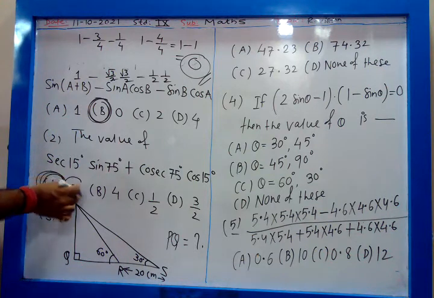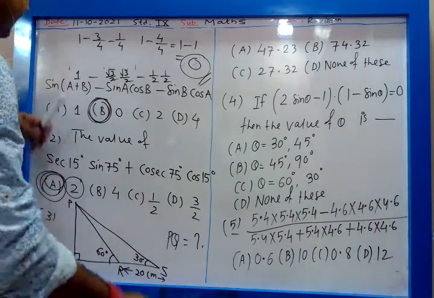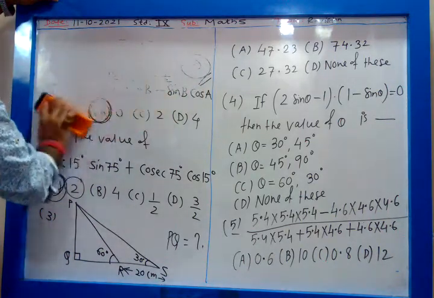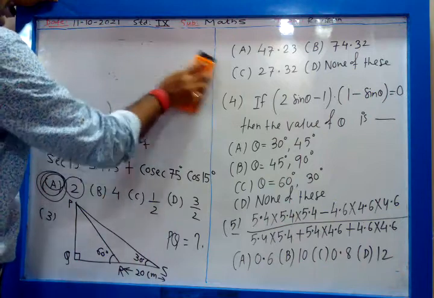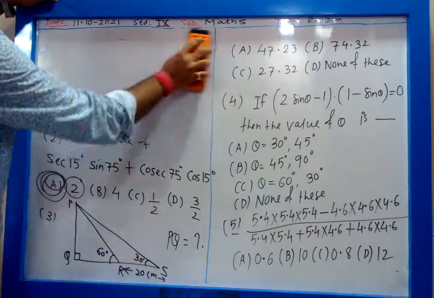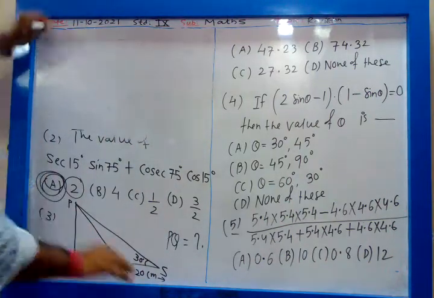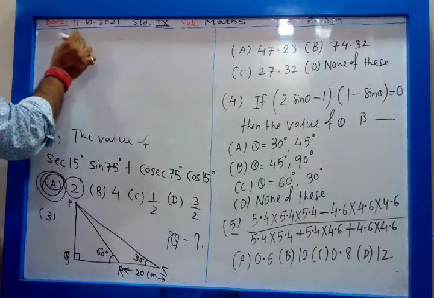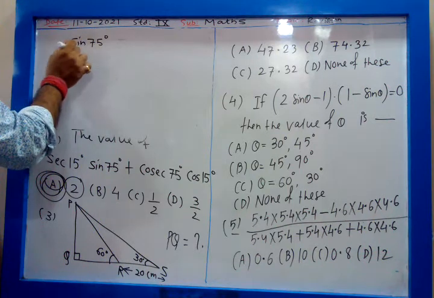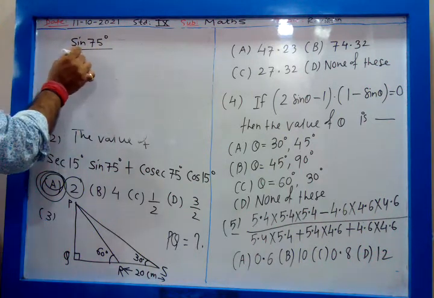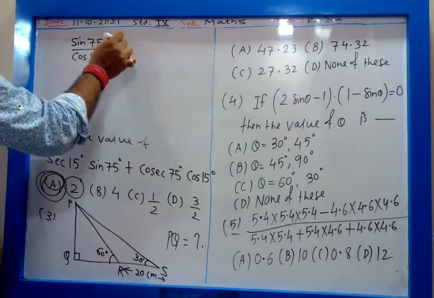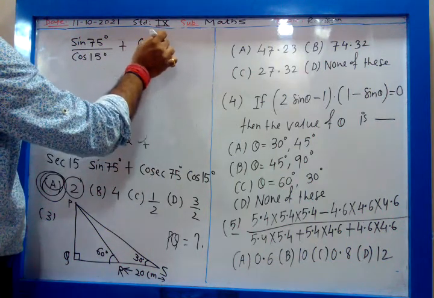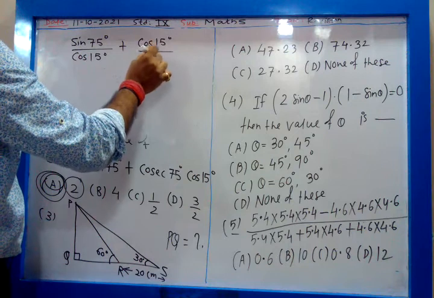Okay, answer 2. Let us verify. Sec you can write 1 upon cos, and cosec you can write 1 upon sine. So it will be sine 75 degree upon cos 15 degree, plus cos 15 degree upon sine 75 degree.